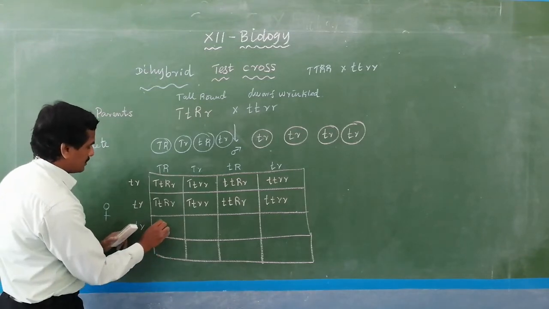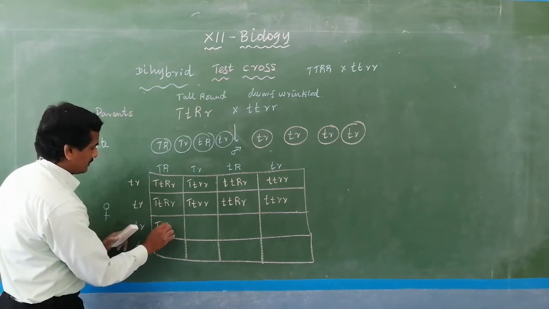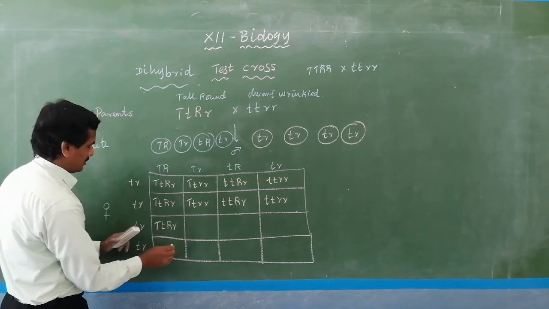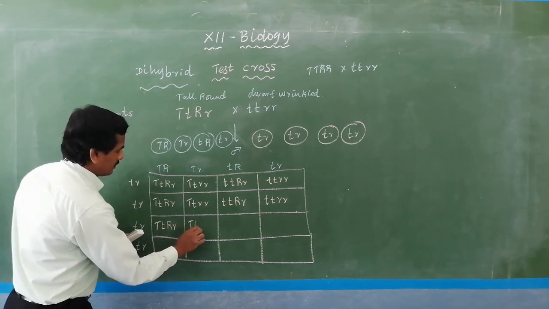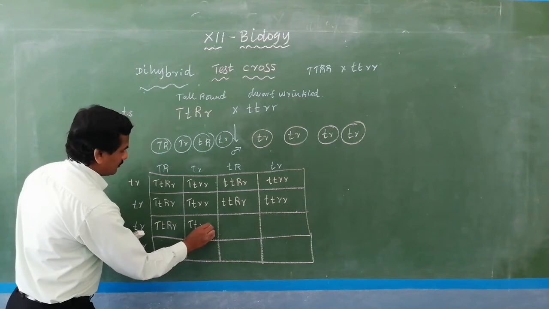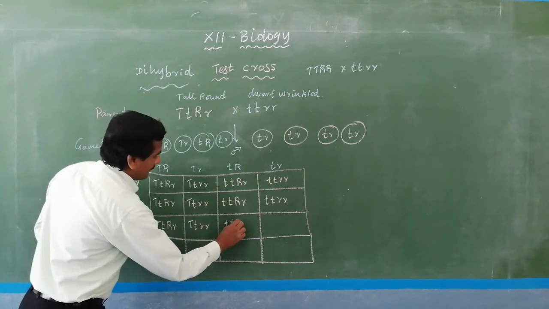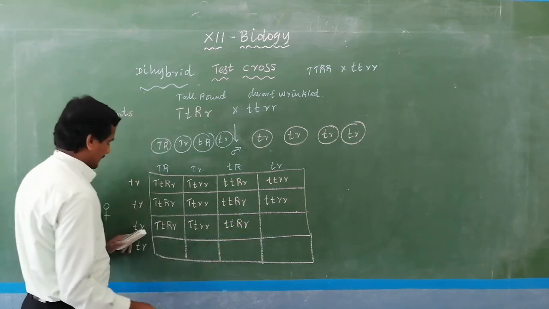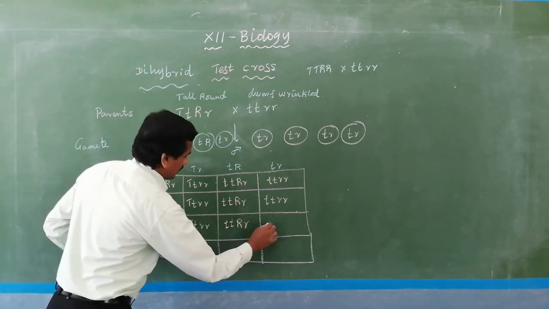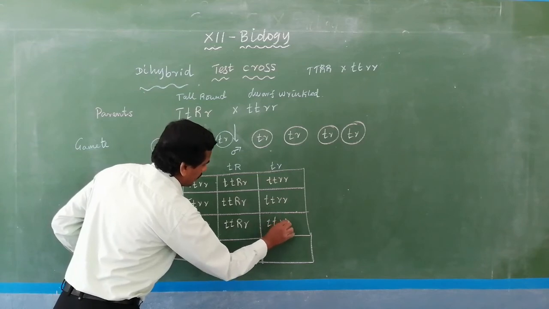Then capital T, capital R, small r. Then capital T, small r, small r. Here small t, capital R, small r, and small t, small r, small r.